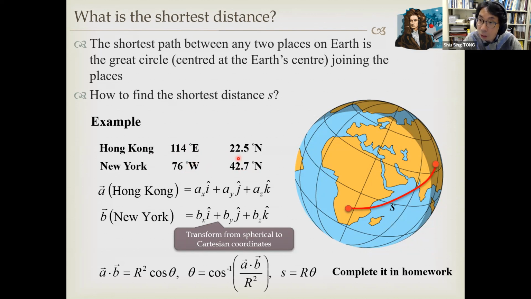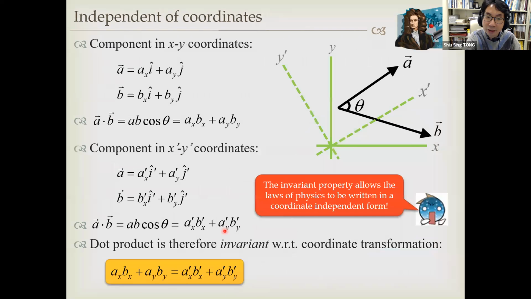And using this angle, we can convert this angle into the Cartesian coordinate of Hong Kong. So I can express Hong Kong in terms of the Cartesian components AX, AY, and AZ. Again, I can do the same thing for New York, right? We actually have done this before, right?